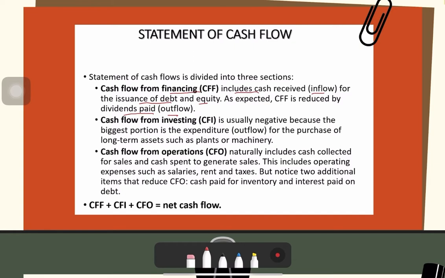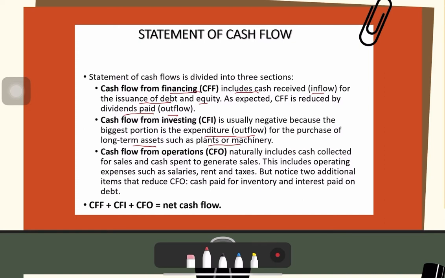Cash flow from investing is usually negative because the biggest portion is the expenditure outflow for the purchase of long-term assets such as plants or machinery. We call it cash flow from investing because we are investing to buy the assets for the operation of the company.